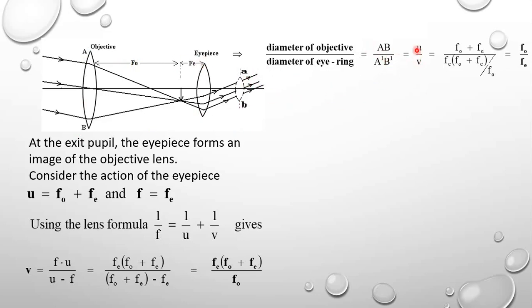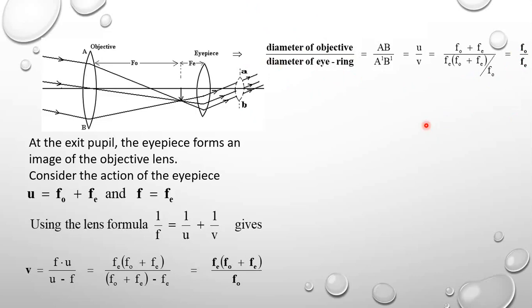That ratio is equivalent to the distance u, from the objective up to the eyepiece, over v, which is the distance from the eye ring up to the eyepiece. But we know what u is. u is f0 plus fe, and then v is this, which we derived. And so if we divide the two, you can see that we shall get f0 over fe. So the diameter of the objective over the diameter of the eye ring is equal to f0 over fe.